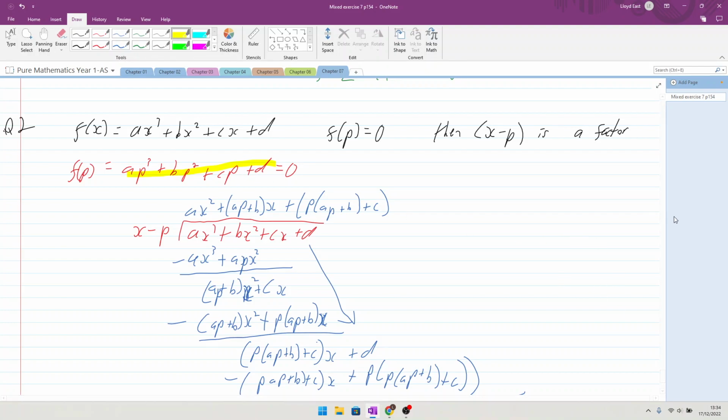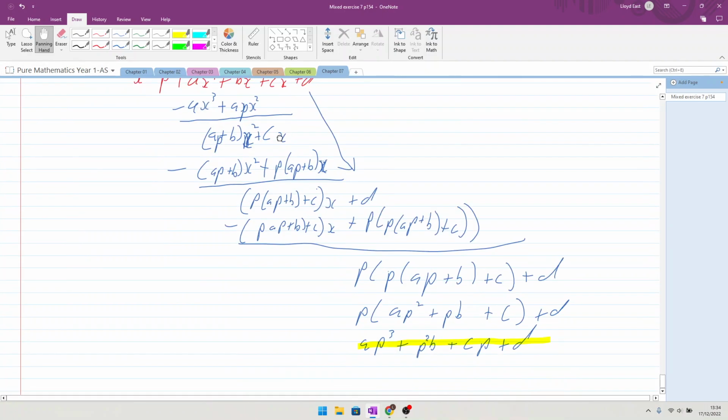So, because we have now divided x minus p into the cubic and we've got a remainder that is equal to 0, we have no remainder. Thus, you can divide x minus p into the cubic and get 0 remainder.